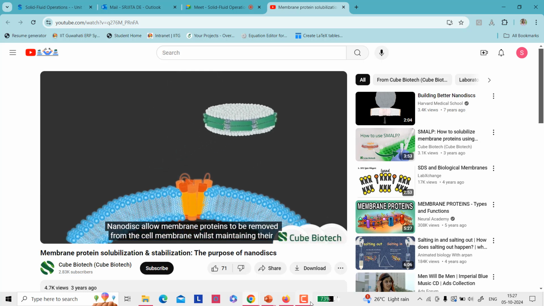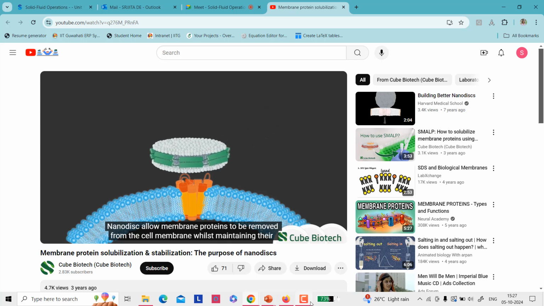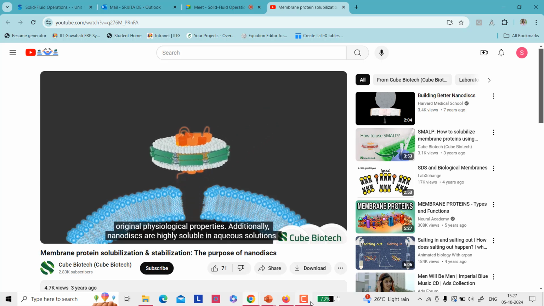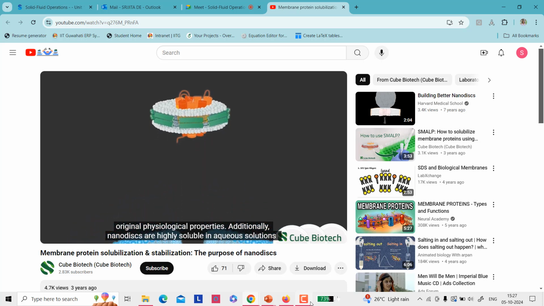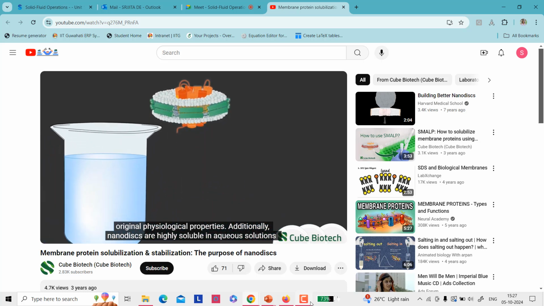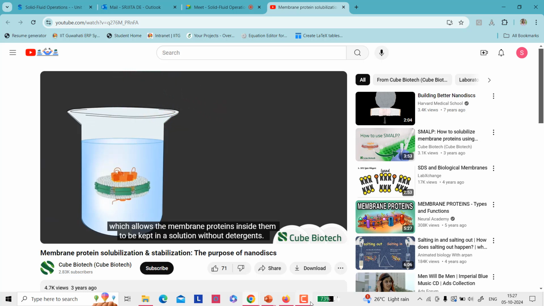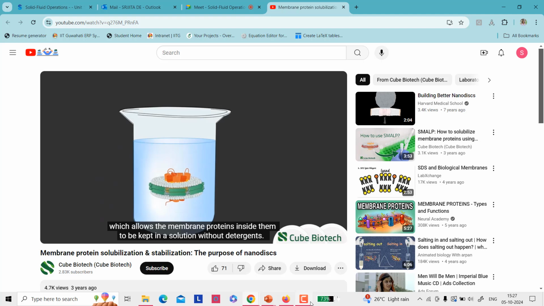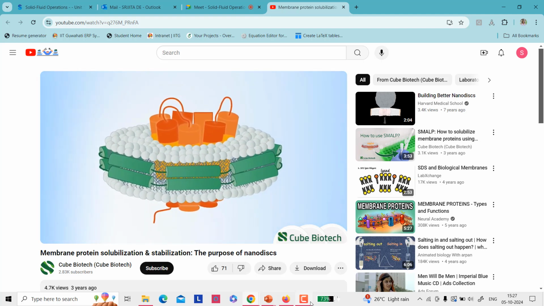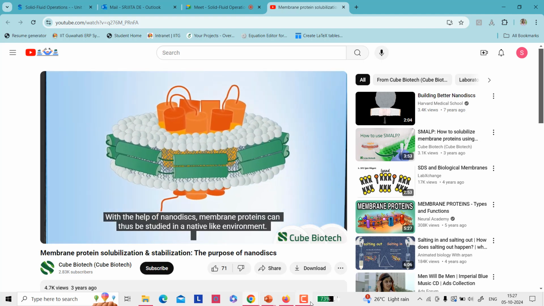Additionally, nanodiscs are highly soluble in aqueous solutions, which allows the membrane proteins inside them to be kept in a solution without detergents. With the help of nanodiscs, membrane proteins can thus be studied in a native-like environment. So this is the importance of nanodiscs.